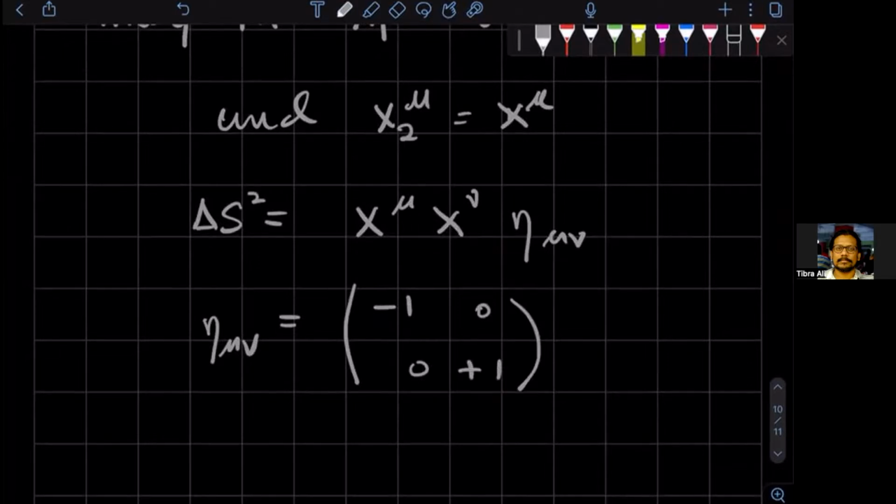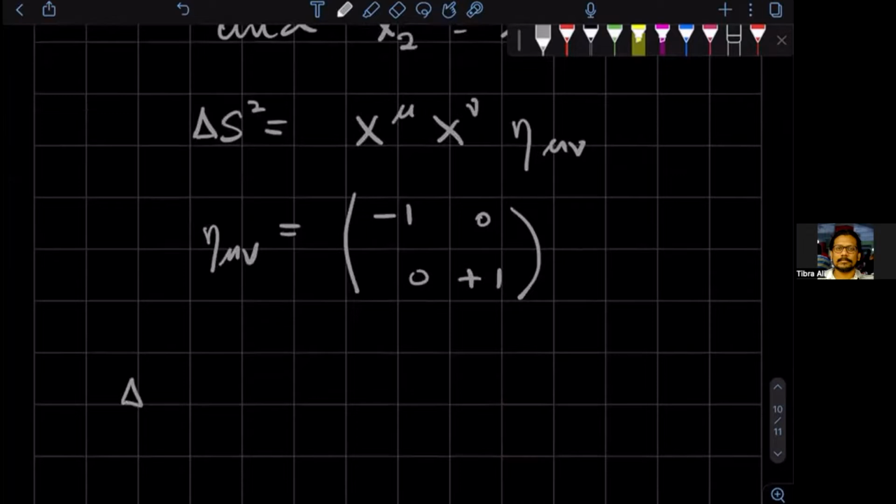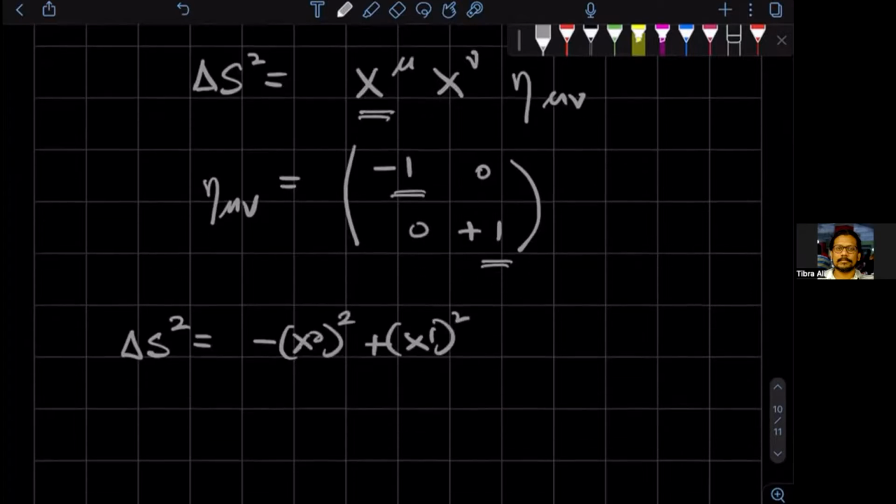Okay. So if I write this out explicitly, see that only the 0,0 and the 1,1 component is non-zero. So we'll get minus x0 squared plus x1 squared, which is minus t squared plus x squared.